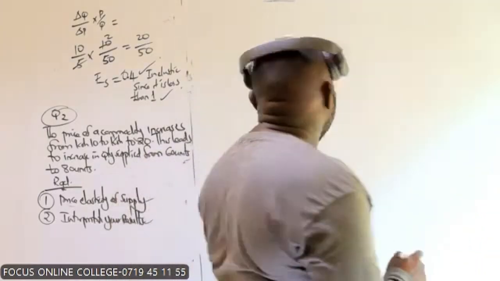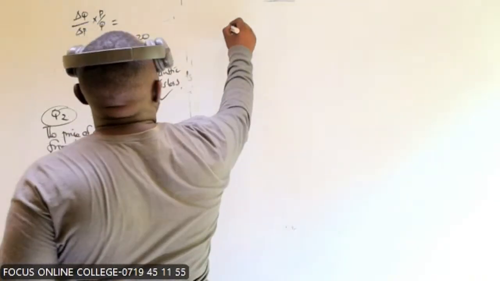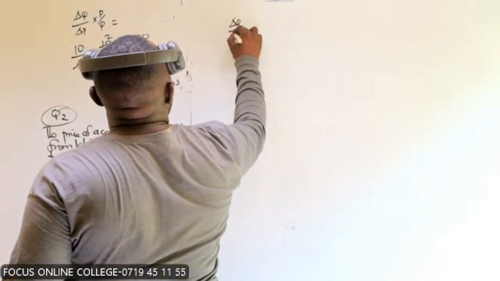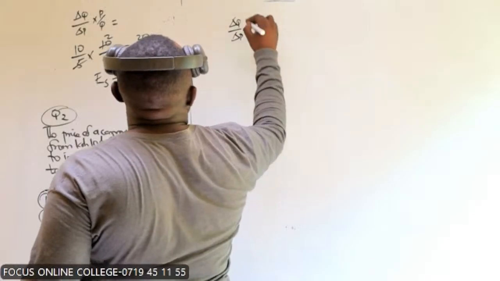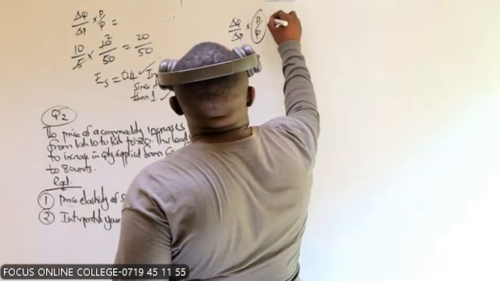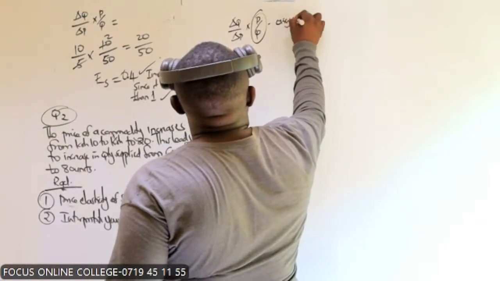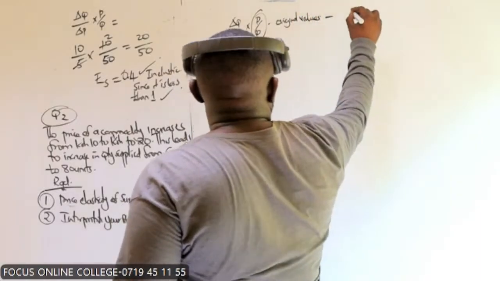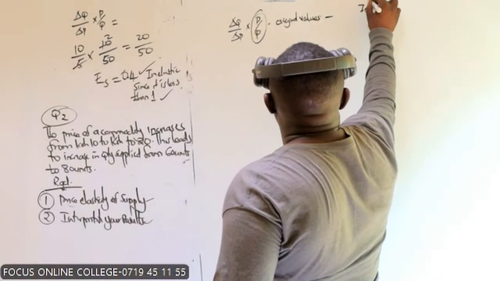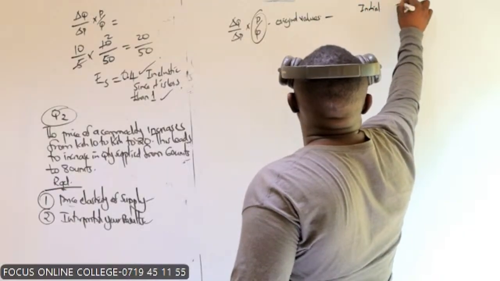So let me confirm. Just use a single formula: change in Q over change in P, times P over Q. These are our original values. So I have initial, then I have final.